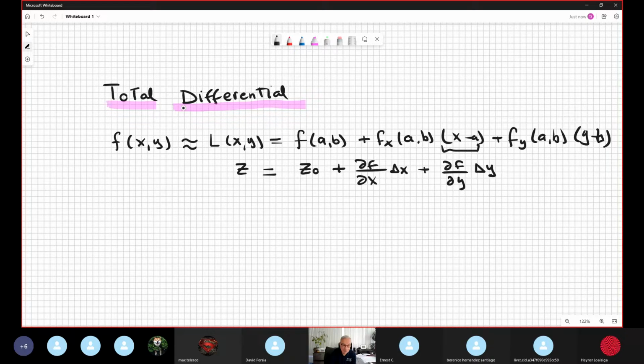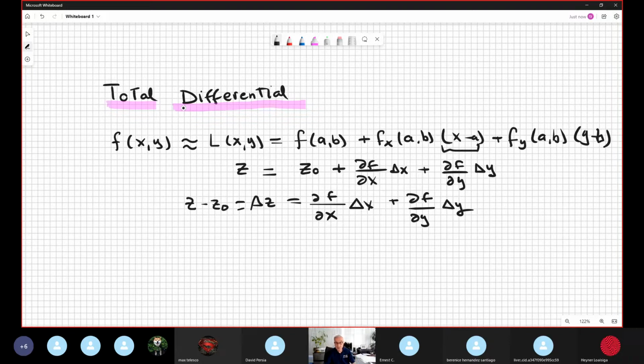If you move c null to the other side, we have c minus c null, which I want to call delta c, equal to the partial derivative of f with respect to x times delta x, plus the partial derivative of f with respect to y times delta y. So, in the engineering interpretation, delta you consider as error.